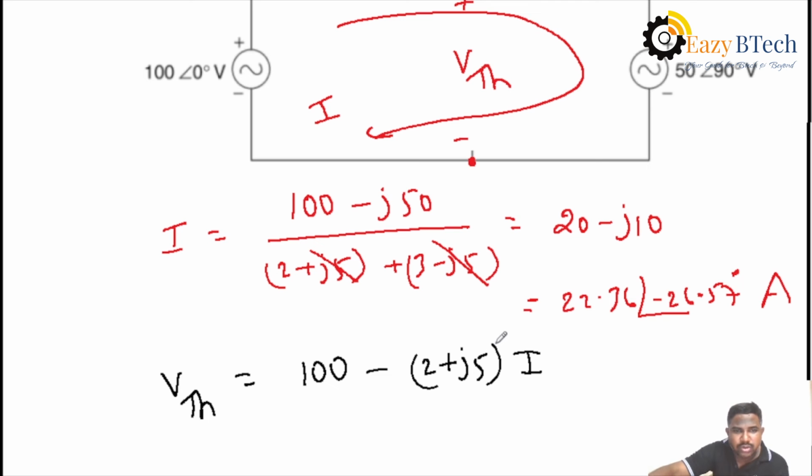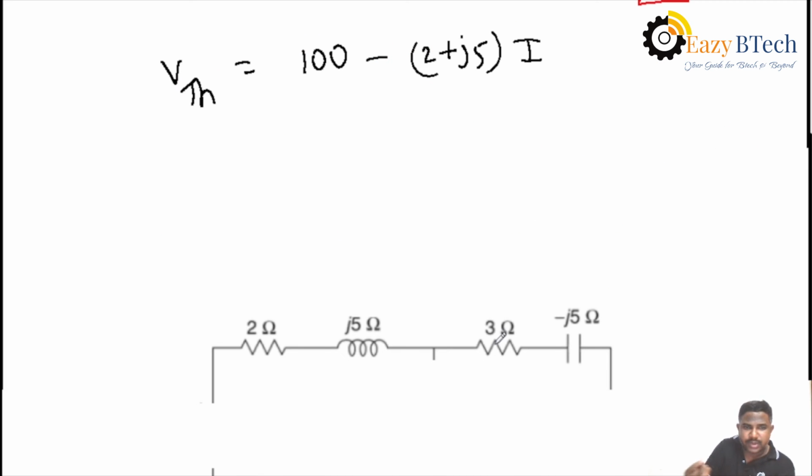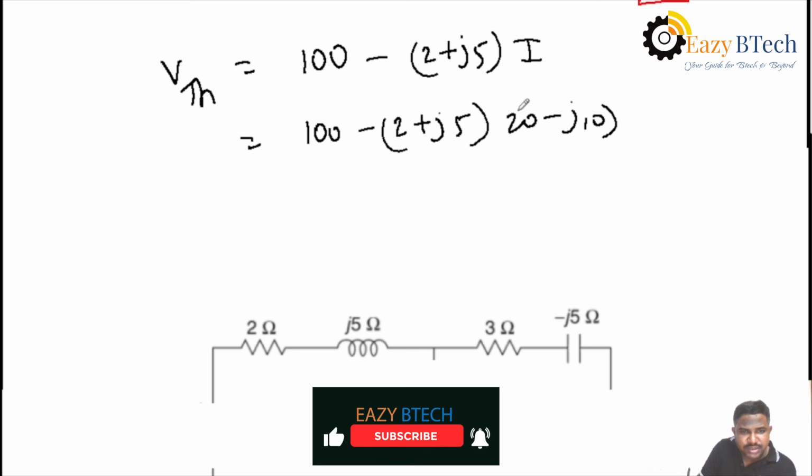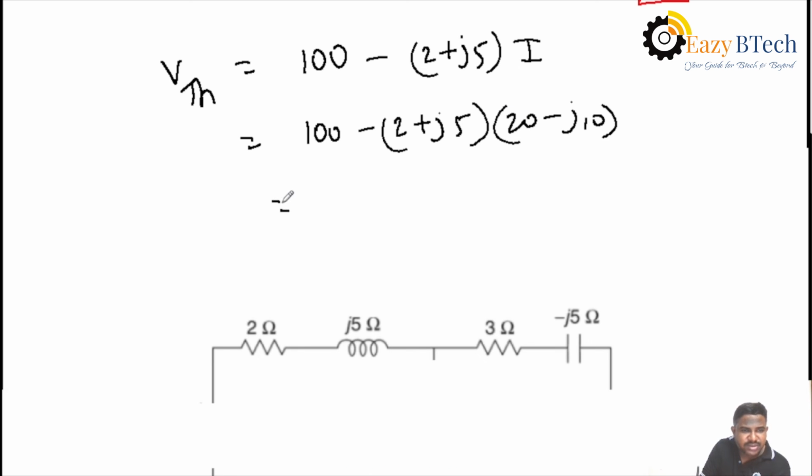We know the value of I here, so you can replace I with 20 minus j10. Both are multiplied with each other to simplify the equation. Then you will get the Thevenin's voltage as 10 minus j80 volts. That is the Thevenin's voltage.